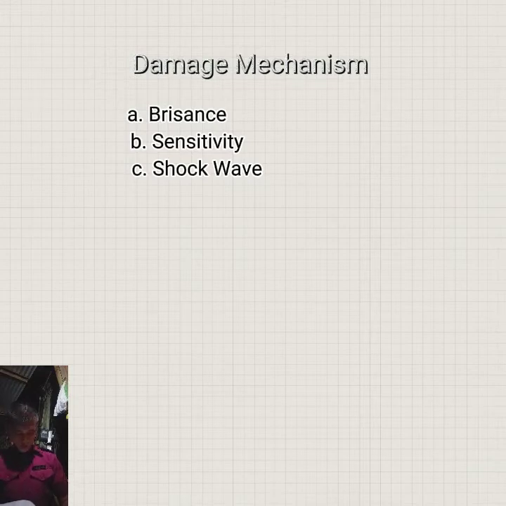Next is shockwave. Shockwave is the damage produced depending on the location of the explosion. So what this means is that if there is shockwave in an earthquake, there is also shockwave in an explosion.